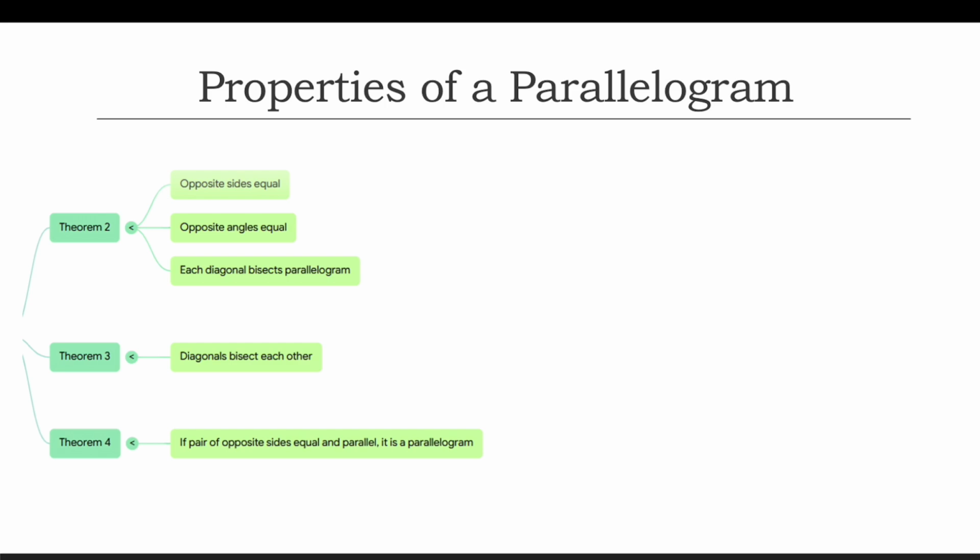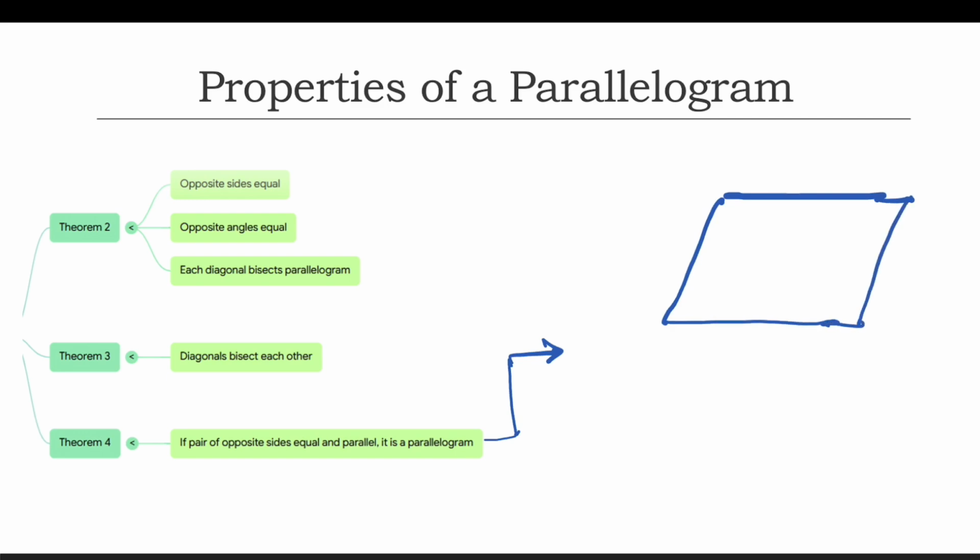Now, all these rules can be applied vice versa. For example, if a pair of opposite sides are equal and parallel, it is a parallelogram. So if in a quadrilateral there are two sides that are parallel to each other and equal to each other, we can by default say it is a parallelogram.